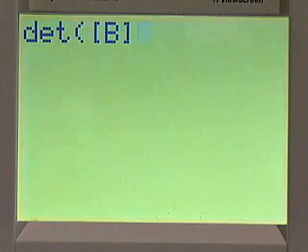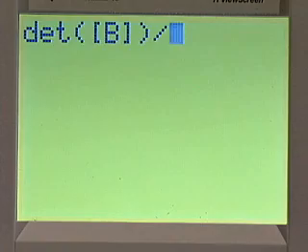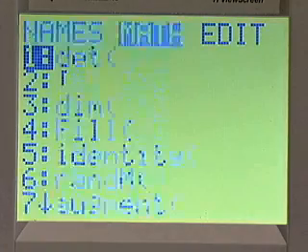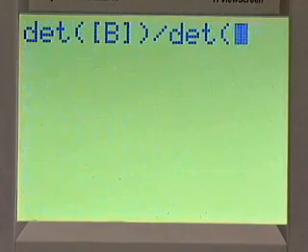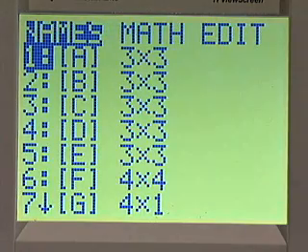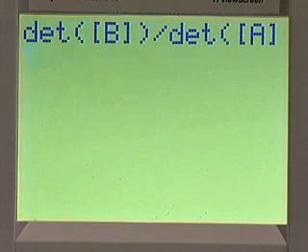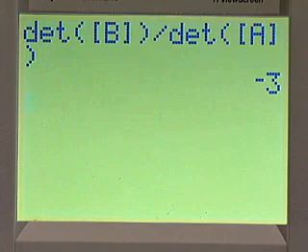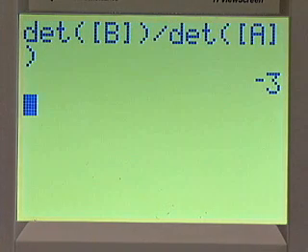Then we want to close our parentheses and divide that by the determinant of matrix A, because we want that to be our denominator, and then hit enter. That simple calculation tells us that the solution to our system is x equals -3.